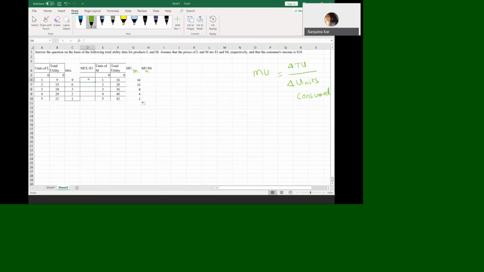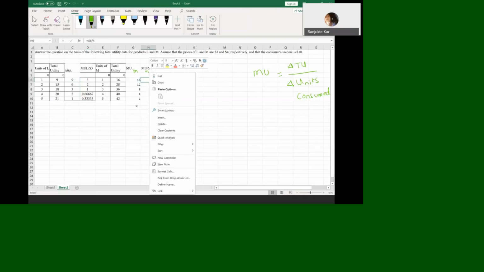Now I'm gonna divide each of the numbers of marginal utility of good L by the price, which is $3. And here you go. These are the numbers I found here. Over here, each of these numbers I will divide by the price, which is $4. That's what I'm doing here.